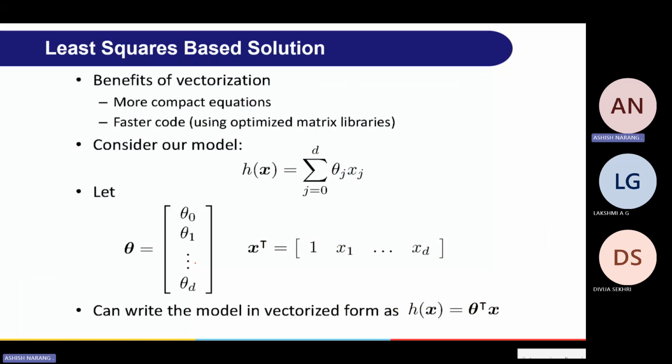Now, all of you have covered relational algebra, right? You know the matrix multiplications and all. So here I am going to use some form of matrix multiplications to represent these equations in a different way so that we can come up with the best value of theta, right?